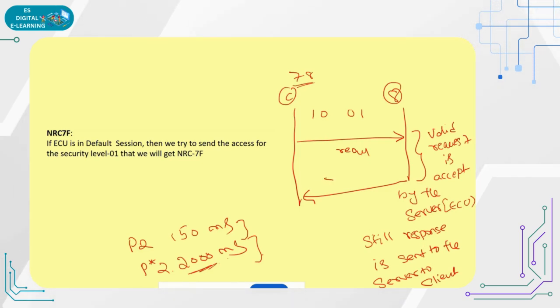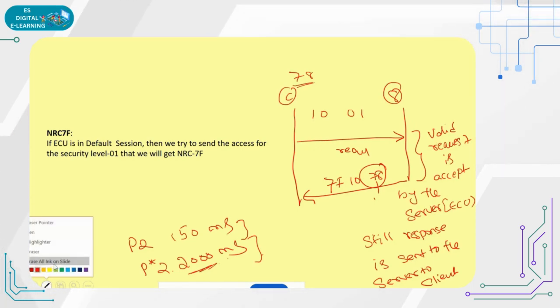Then you will get 7F 10 78. So after the time is crossed, you will get this 78. So it's clear for you. Shall I erase it?